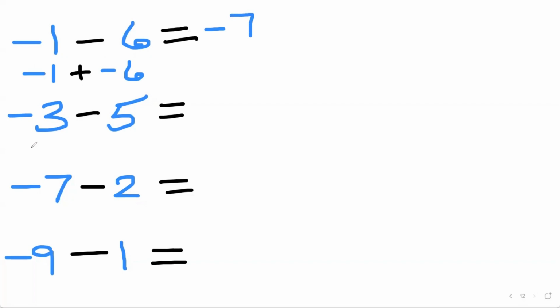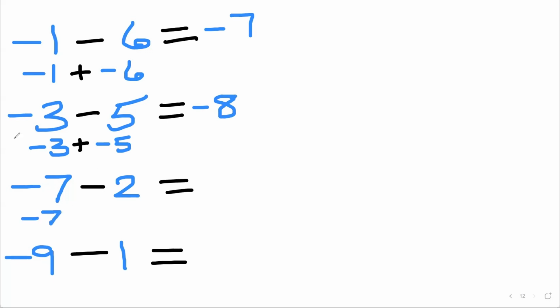Here comes our next one. The -3 stays the same. The -5 is going to turn into plus -5. -3 plus -5, 3 negatives and 5 negatives. We add those numbers together to give us 8 negatives.